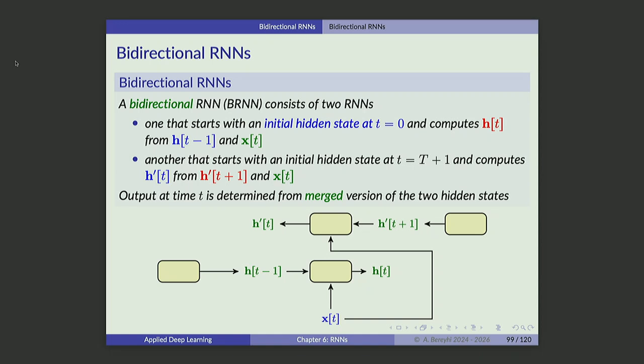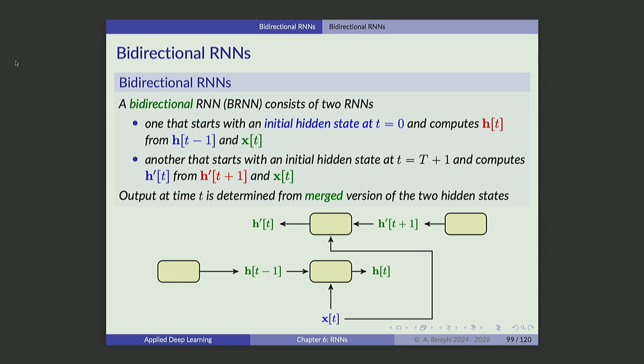sequence processing. This means that you start with one LSTM, for instance, from time 0, and you go forward. At the same time, there is one other LSTM, which is starting from the end of the sequence, right? And it's going all the way backward, right? And each time they are computing one hidden feature, right?